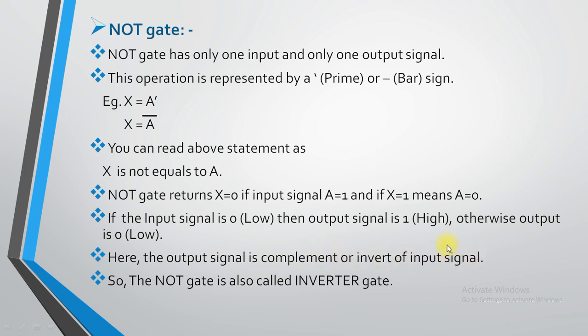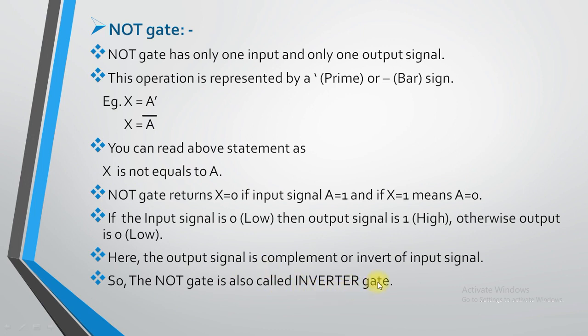That means whenever you work with the NOT gate, it produces the opposite result of the input. If you input 1, it will produce 0. If you input 0, it will produce 1. Right? So that signal is the complement or invert of the input signal. So the NOT gate is also called the inverter gate.